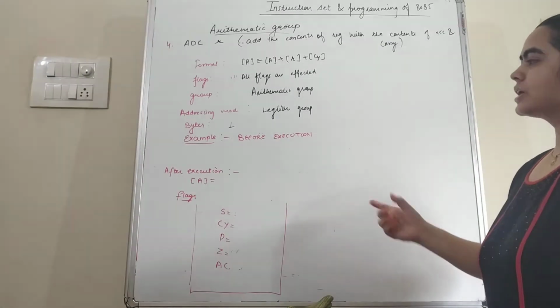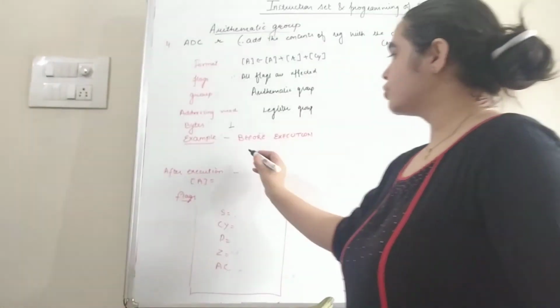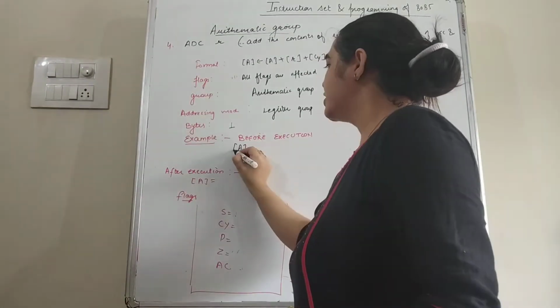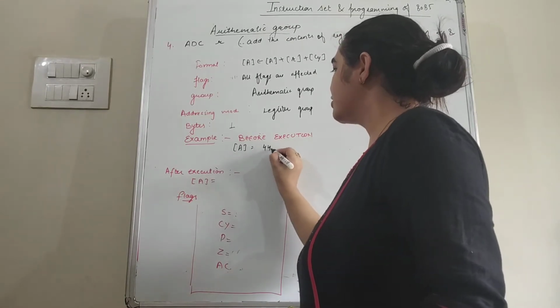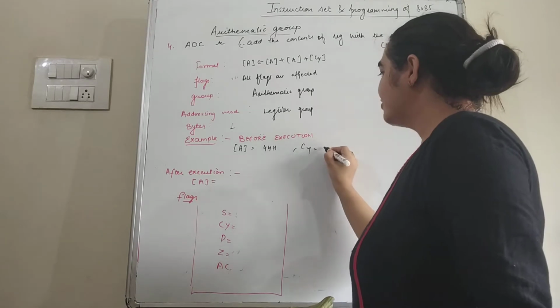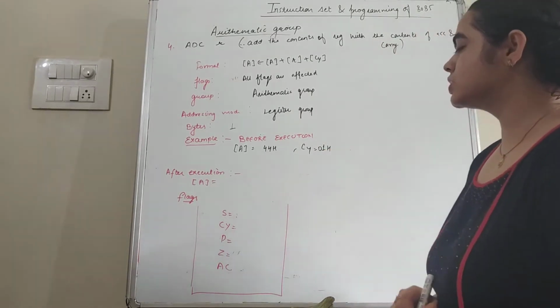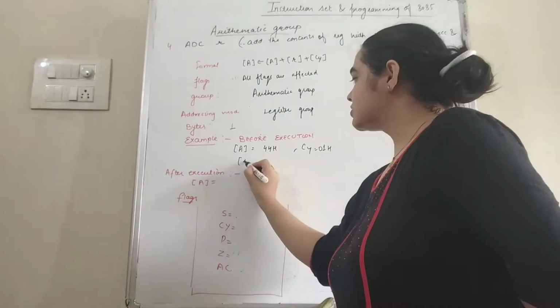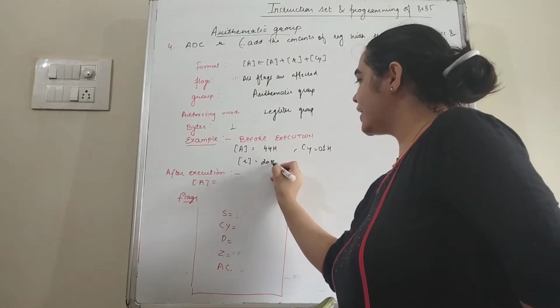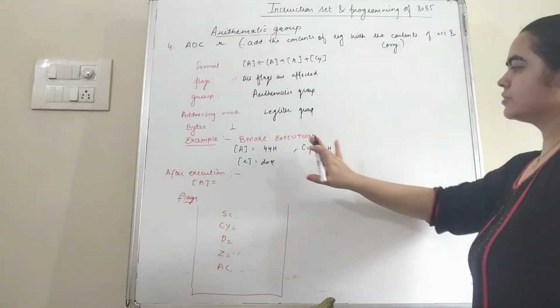Now students, we can see this instruction with the help of example. So suppose we have an accumulator with contents 44H, and in the carry flag we have value 1H, so 01H. Okay students, and in the register we have value 20H. So we can see the addition of these three numbers.